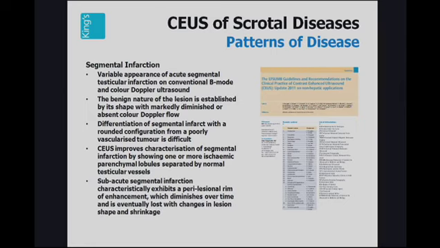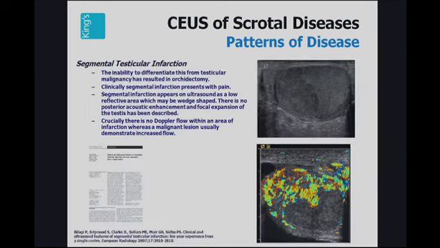With contrast-enhanced ultrasound, the subacute segmental infarction characteristically exhibits a perilesional rim of enhancement which diminishes over time and is eventually lost with changes in the lesion shape and shrinkage. Following these lesions up with contrast-enhanced ultrasound will allow the physician to document this change and be confident that the lesion is benign.